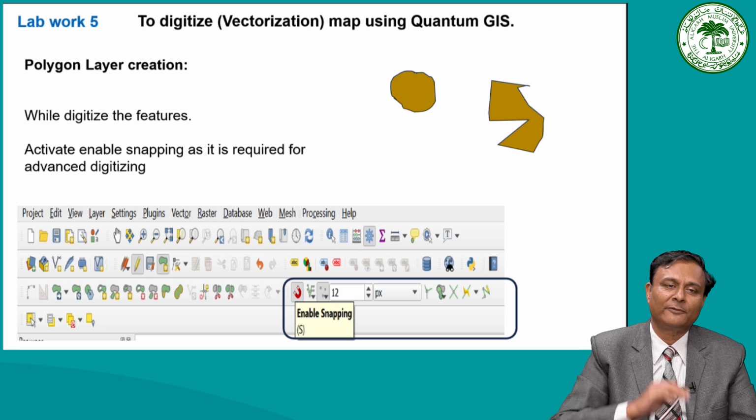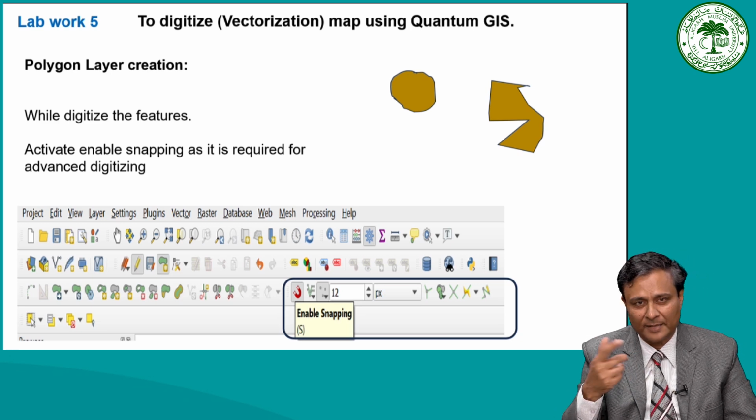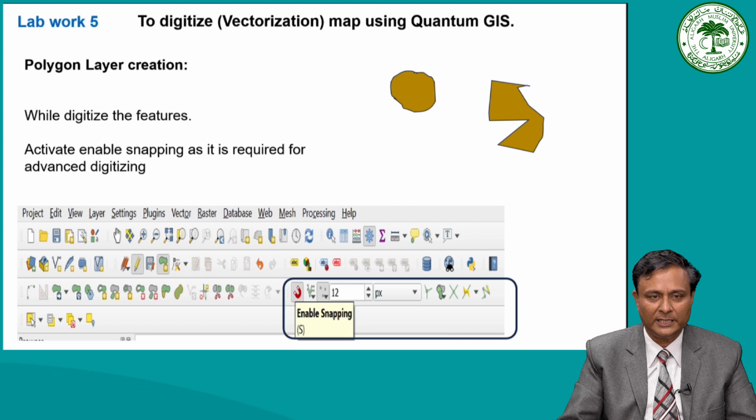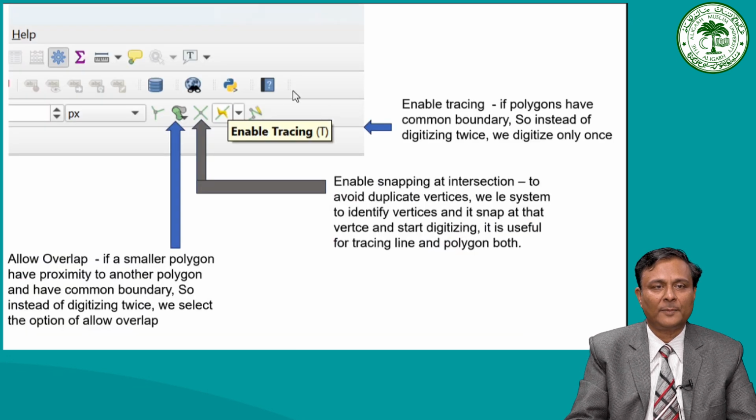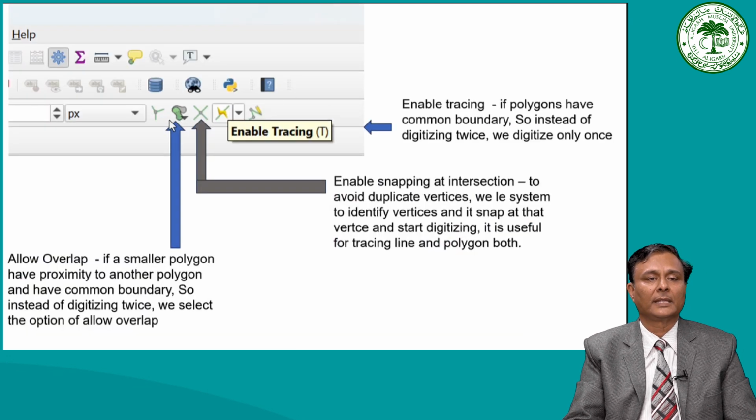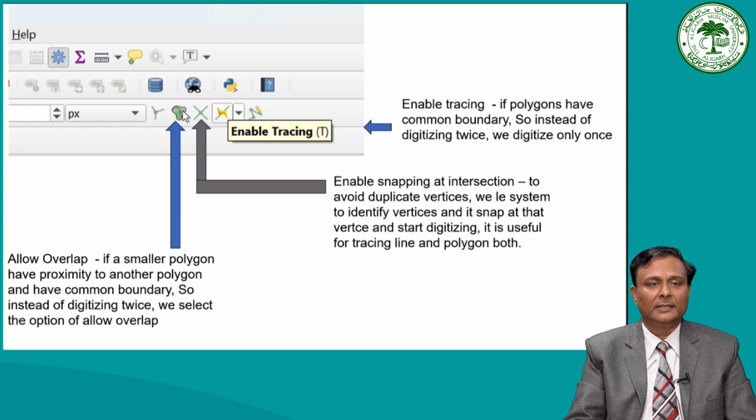So for that matter, we need to have enable snapping, and there are many options. I'll very quickly try to explain that. For example, these 3-4 options would be appearing. For example, this one is about allow overlapping.